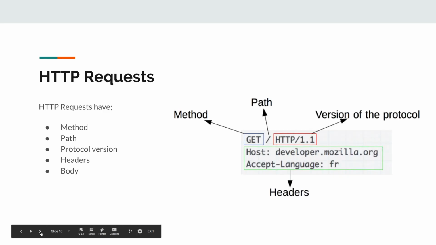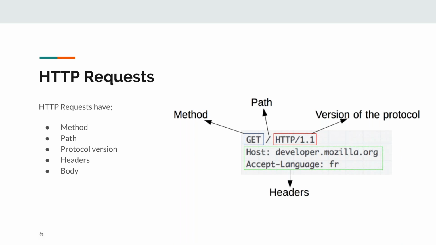An HTTP request has this format. It must have a method, it must have a path, and it must define what protocol version is being used. It may or may not define headers, and it may or may not define a body. I'll go over each of them one after the other.